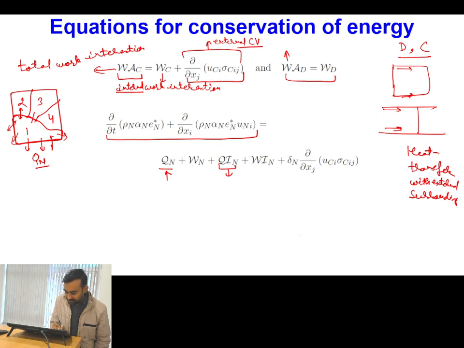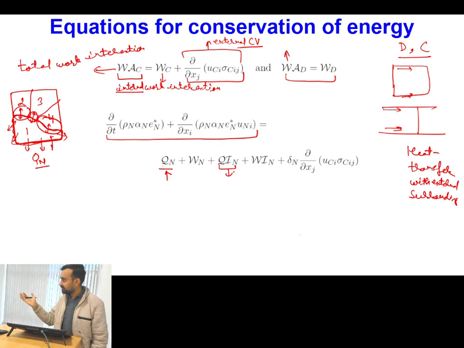Here it is interacting with the third phase. Here it is interacting with the fourth phase. So the interaction in this portion will be with external surroundings, and these interactions will be with internal surrounding phases within the control volume. The heat transferring with the external boundary is my capital Qn, and the energy interaction between this and this, their total sum, is the summation of Qin. Is this point clear?